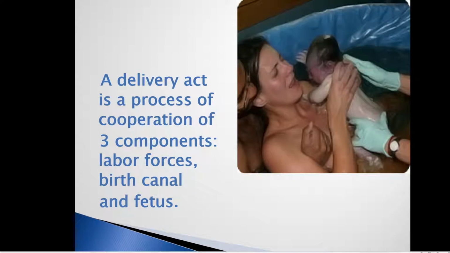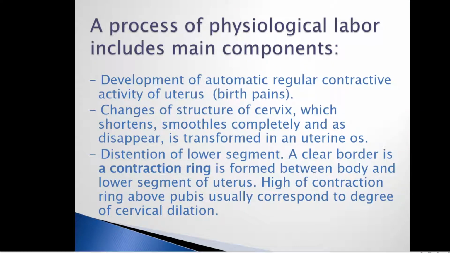A delivery act is a process of cooperation of three components: labor forces, birth canal, and fetus. A process of physiological labor includes main components: development of automatic regular contractive activity of the uterus, changes of structure of the cervix, distension of the lower segment, and formation of the contraction ring.